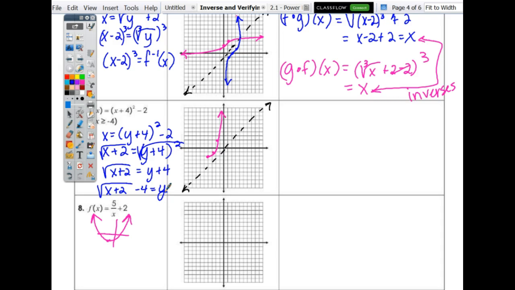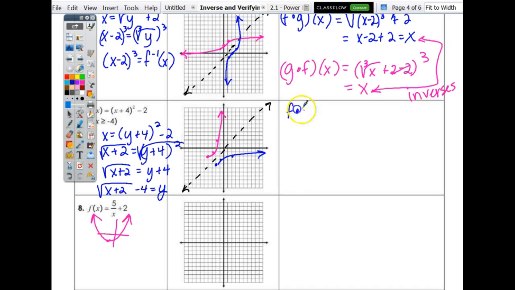So when I graph this, then the +2 moves 2 to the left and down 4. So they are reflected across the line y equals x.